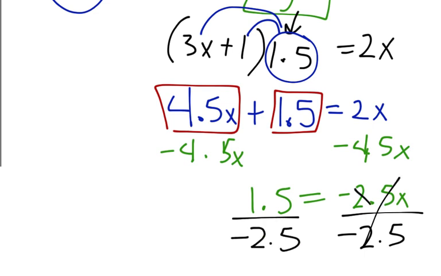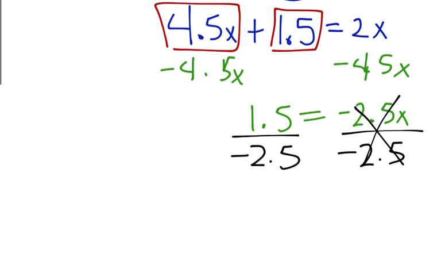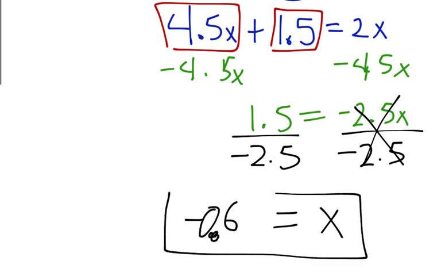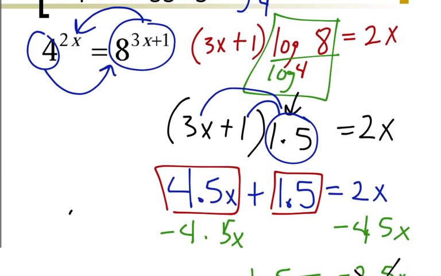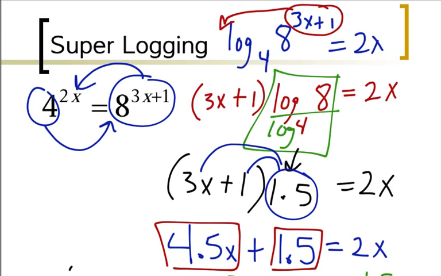And then x is now by itself. x equals negative 0.6. Okay? So hopefully this one cleared it up for you if you were a little confused on the last problem. But I did the circle pattern, and then moved the exponent out in front, and then continued to solve from there using the change of base formula. Okay?